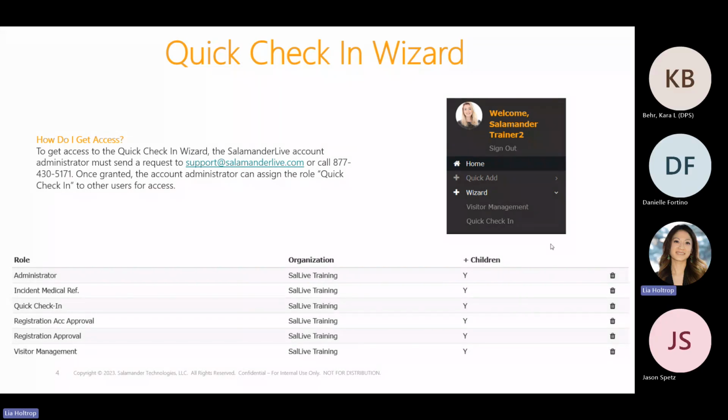So you will need to have your Salamander Live account administrator send a request to support@salamanderlive.com or call in. Once we add the quick check-in to the account administrator, from there they can assign it to other users at their discretion.